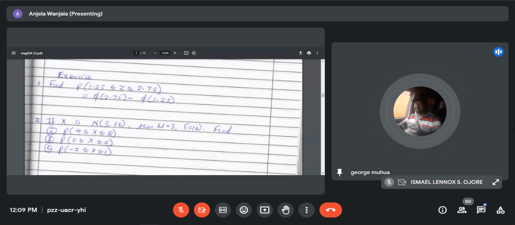So it's like adding. If you're saying 1.25, you add 1.2 plus 0.05. If there are more decimal places, then you will have to round it off to 2 decimal places. If it was 2.738, we'll just say 2.74 so that we can look for 2.7 and 0.04.